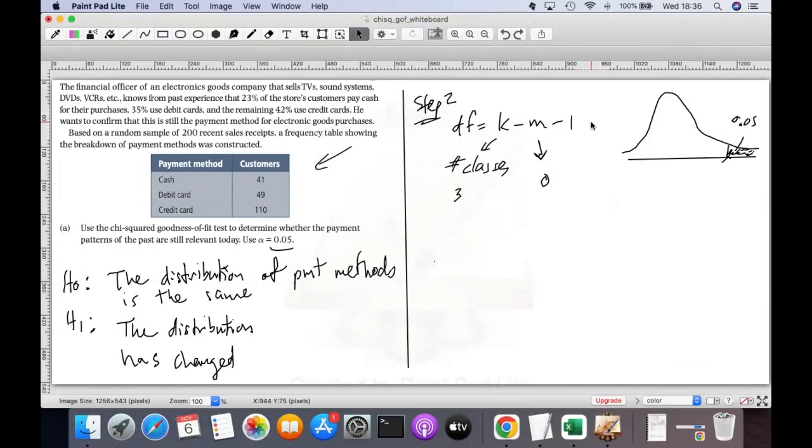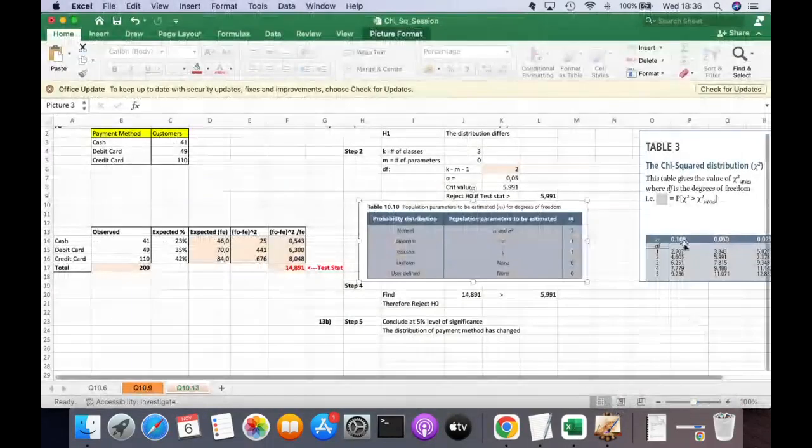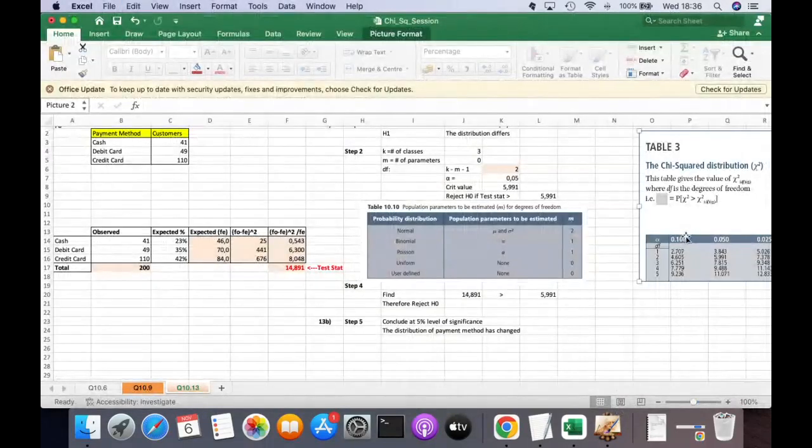So now we have our degrees of freedom, which is equal to 2. Now if you go to our chi-square table, this table is given to you. Let's copy and paste it here.